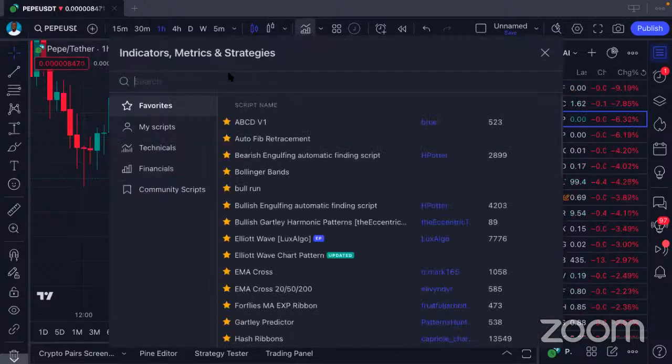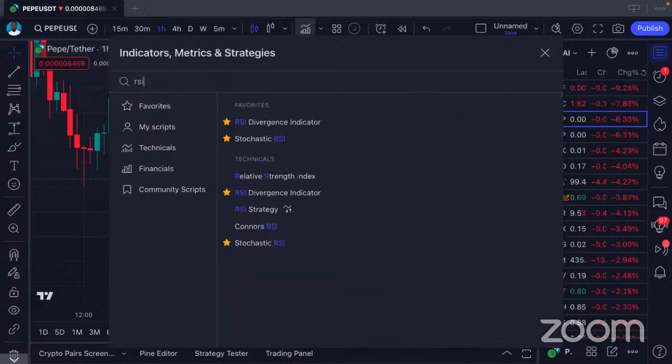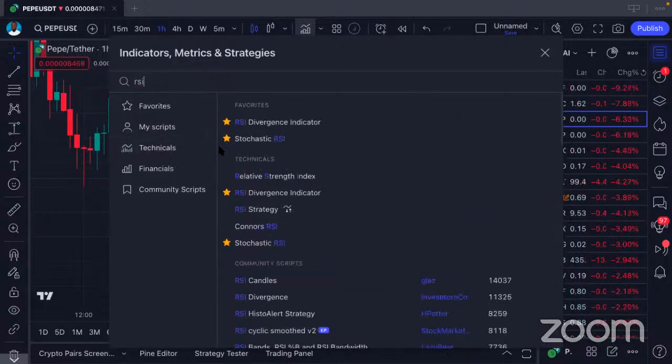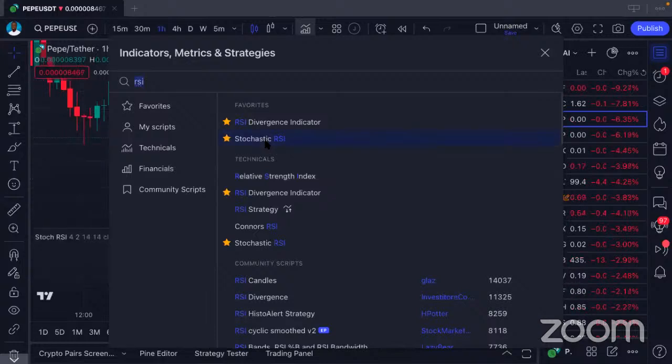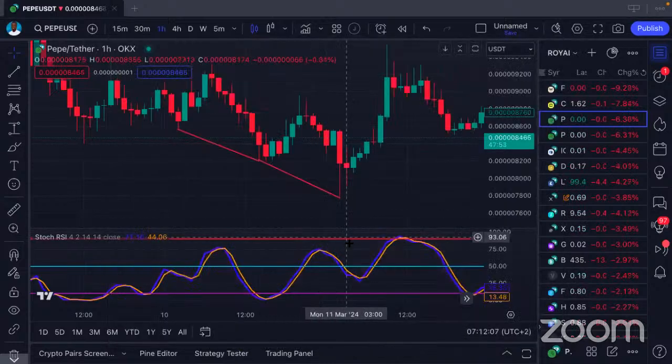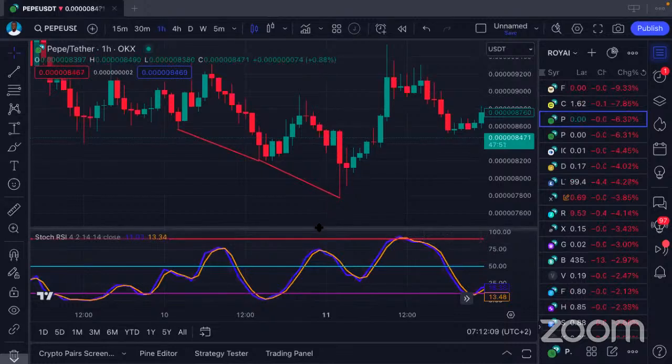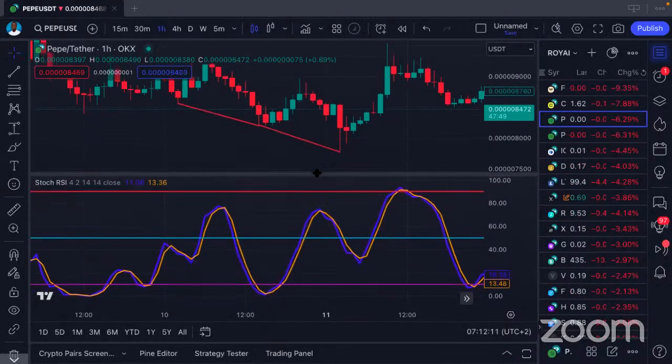So we shall write in RSI, which could be the stochastic RSI, but not the relative strength index. We want to discover the divergences by ourselves, not use the indicator to give us the divergence.